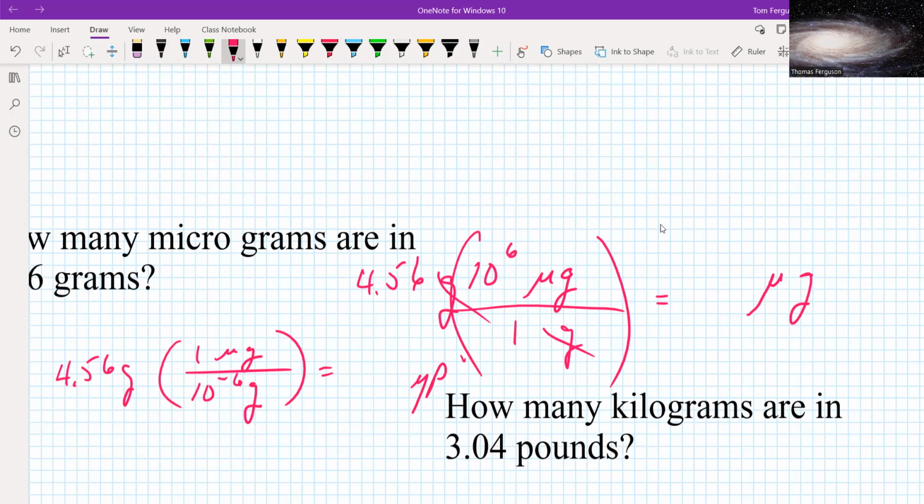And the reason why is my ex-wife was OCD. Okay, so we have 4.56 divided by 10 to the minus 6.